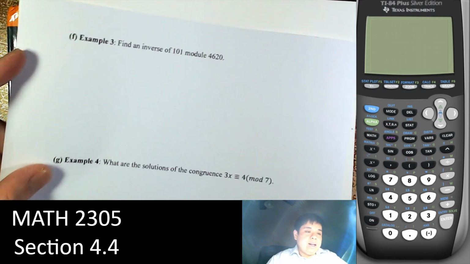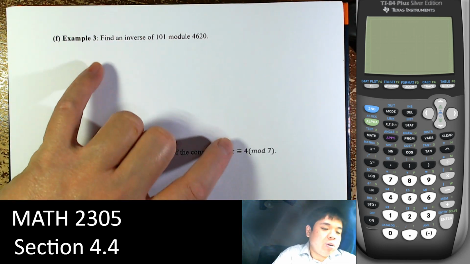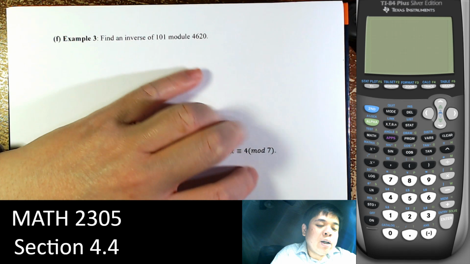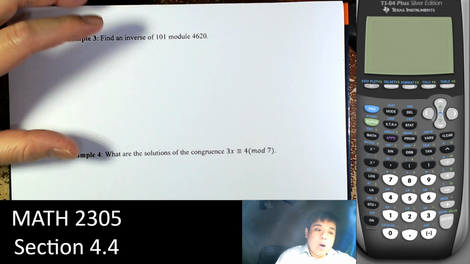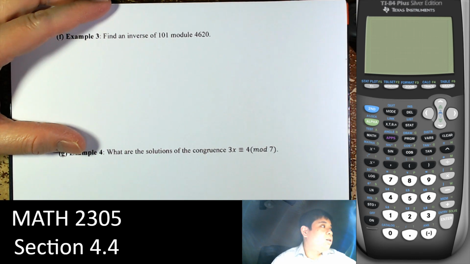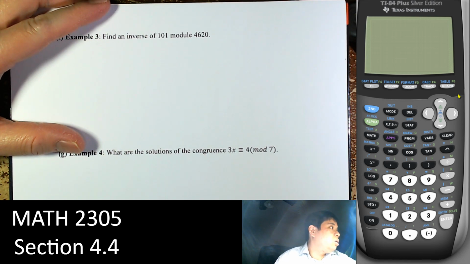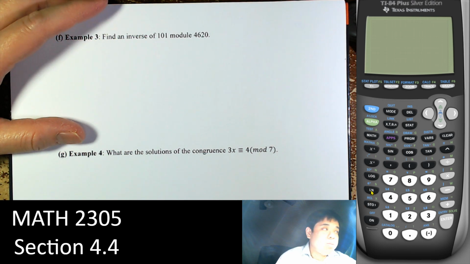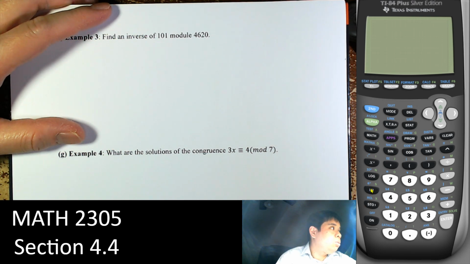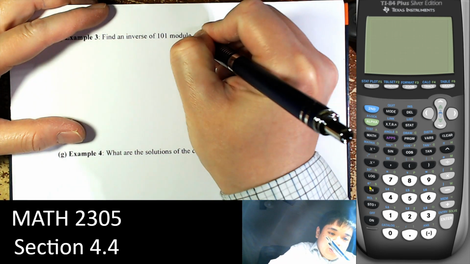Let's try a more complicated example. Find the inverse of 101 modulo 4620. Now that's more complicated. First, I think there was a typo.